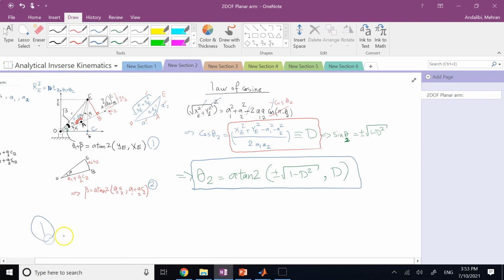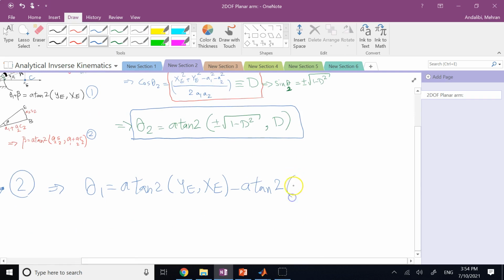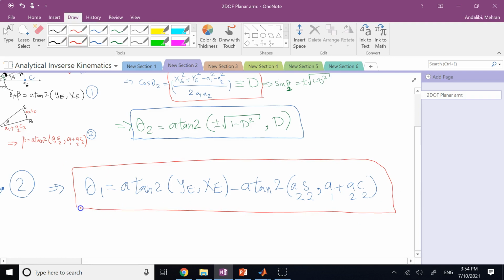So from 1 and 2, I can get my theta 1 to be arctangent 2 of YE and XE minus arctangent 2 of A2 sine of theta 2 and A1 plus A2 cosine of theta 2. And this is my what? This is my theta 1. Done. I got them both.